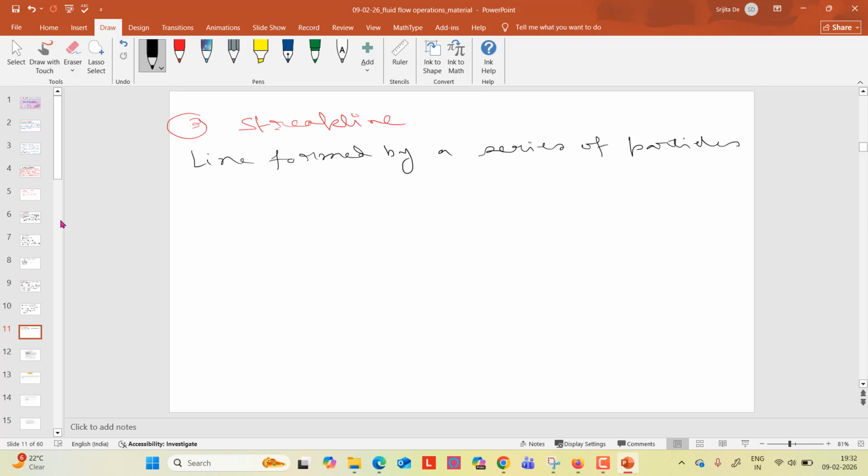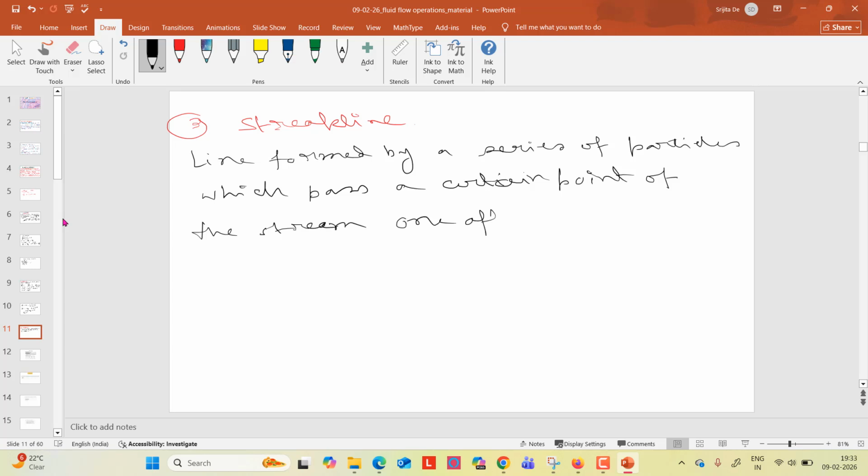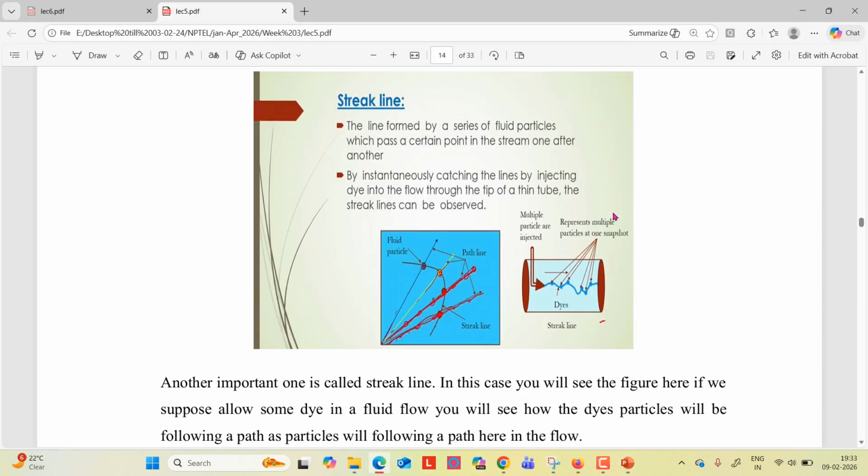Okay, so from the diagram also you can see that this is a fluid particle, right?